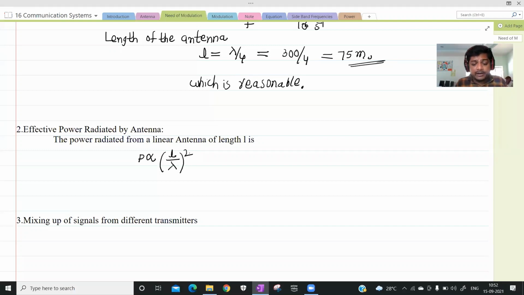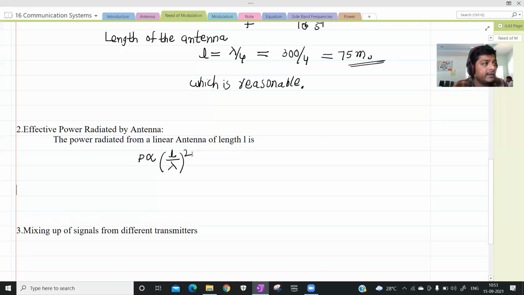How are we getting the high powers? With a low wavelength. Low wavelength means high frequency. High powers are needed for good transmission.